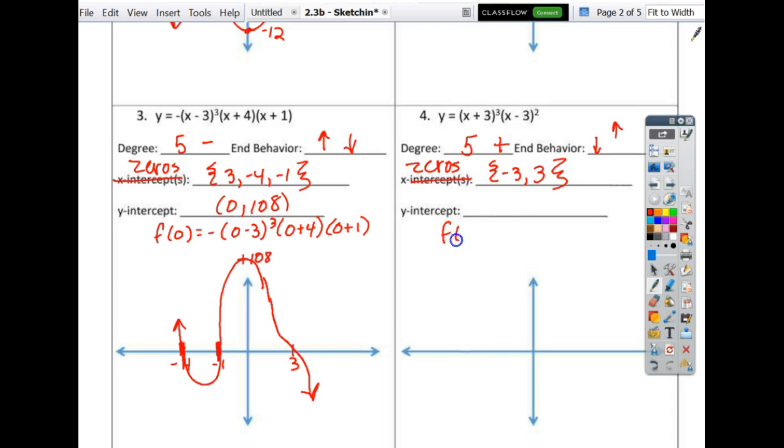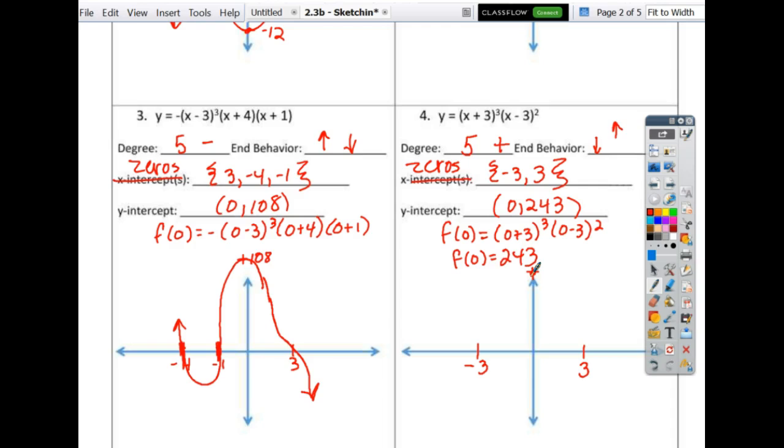My y-intercept, I think it's 243. So I'm going to have negative 3 and positive 3. I have 243, which is going to be up here.